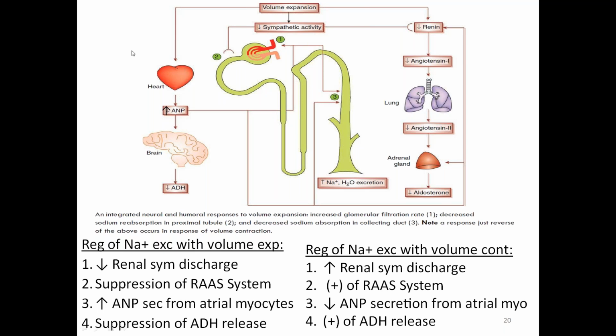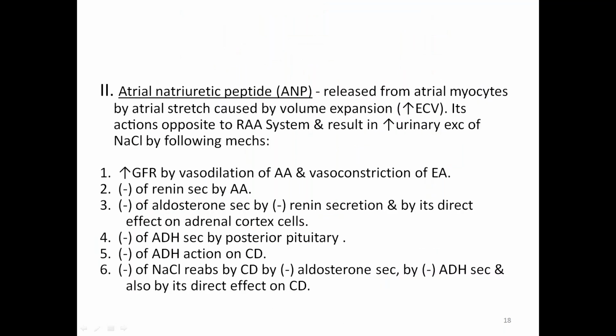And then, I just told you about all the functions of ANP, where it plays a major inhibitory role on most of the systems, most importantly causing ADH suppression. And we also just read about inhibiting ADH action on collecting duct, and ADH secretion itself in the posterior pituitary.